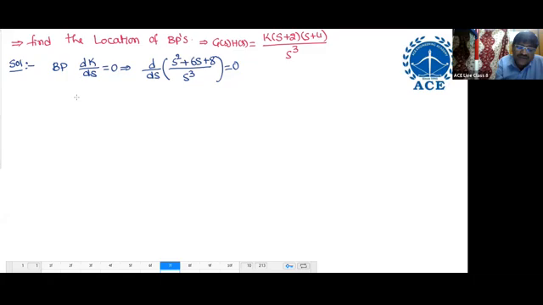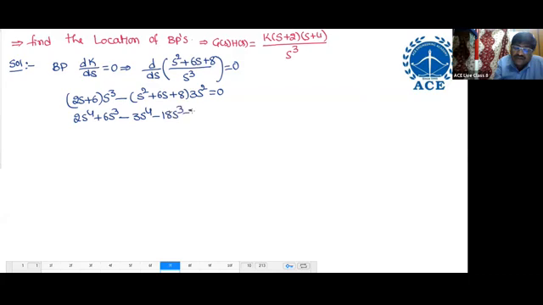U dash means 2s plus 6 into v, and v means s cube, minus (s square plus 6s plus 8) into 3s square equals 0. That gives 2s power 4 plus 6s cube minus 3s power 4 minus 18s cube minus 24s square equals 0.